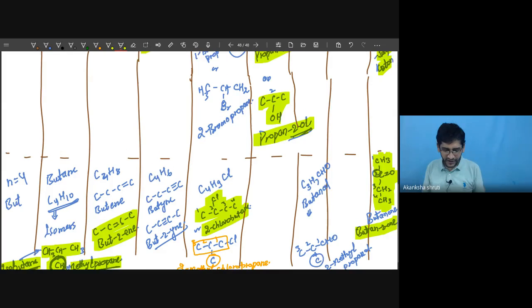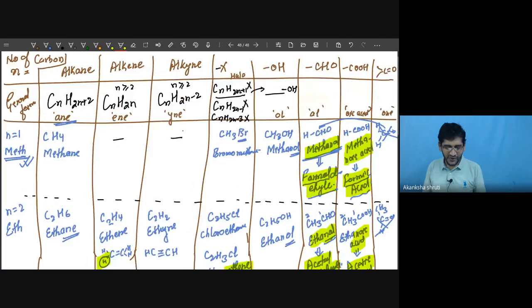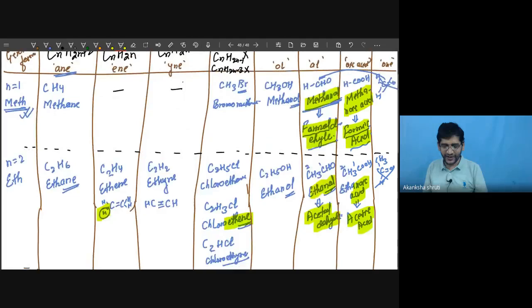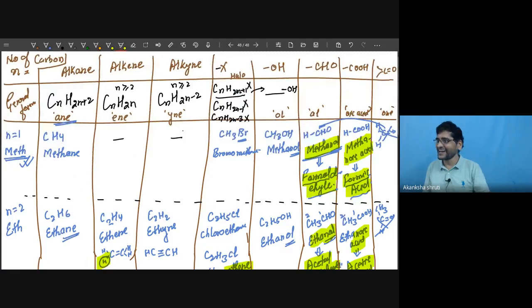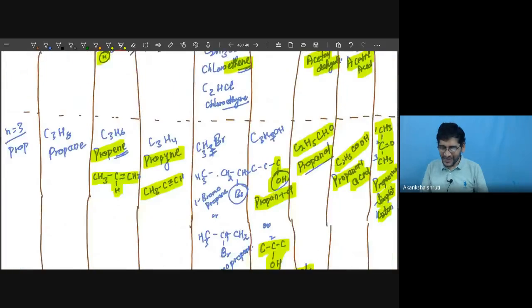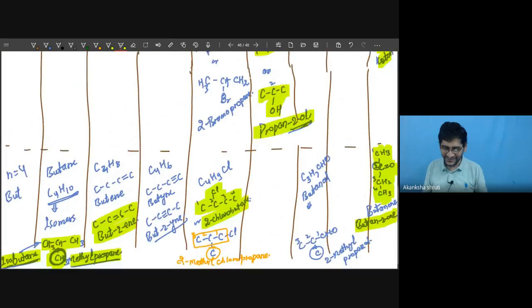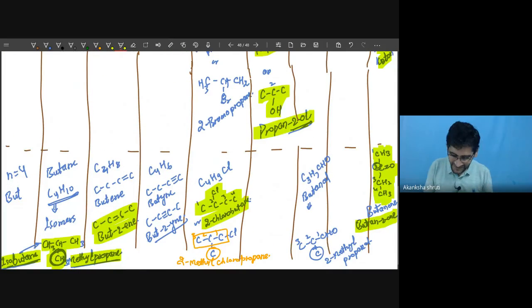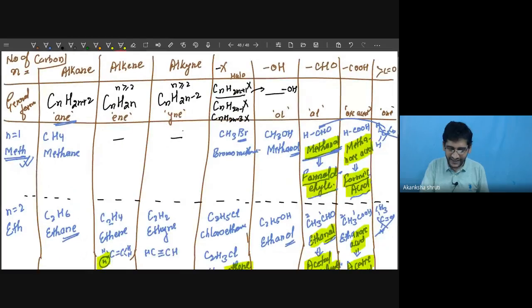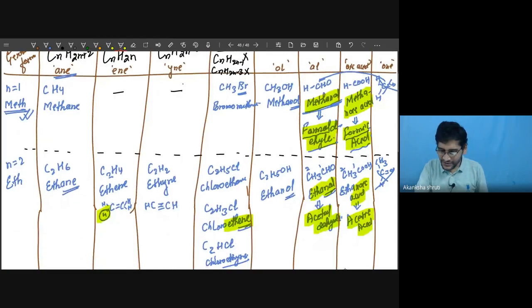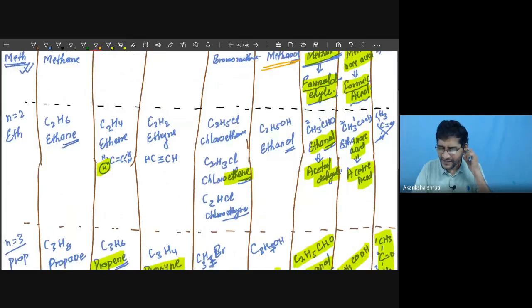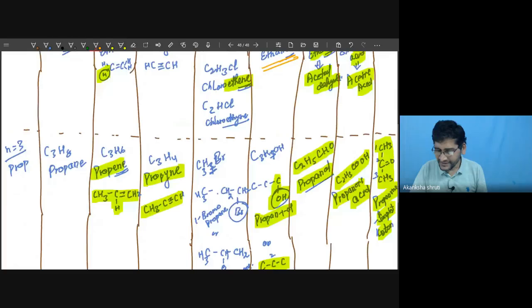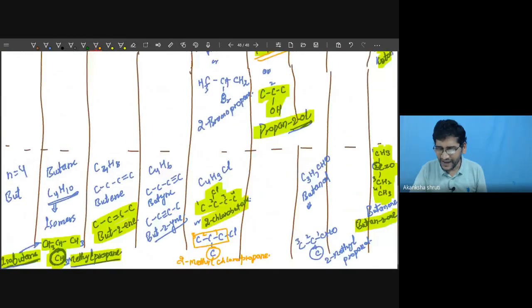Student, here, observe this. For a particular functional group, say alkane or alkene or alkyne or aldehyde, or say for ketone, we have written different members. If you are considering say alcohol, this is methanol, the first member of alcohol, this is the second member, this is the third member, this is the fourth member.